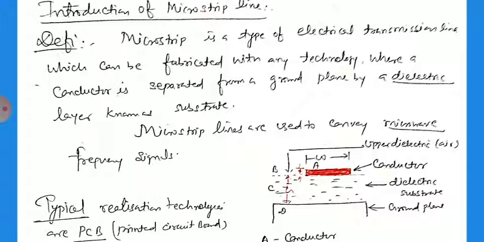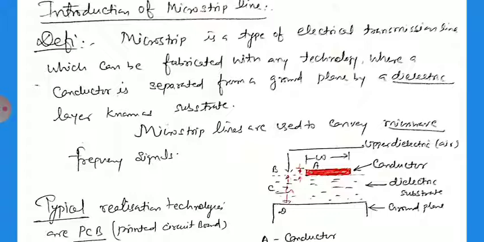And how it is fabricated, this is the figure. See here, there is a ground plane, that is the D, and a dielectric medium, also known as the dielectric substrate, having the permittivity epsilon r, that is the C, having the height h, and above it there is a conductor whose width is W and thickness is T, and above that conductor is the upper dielectric medium, mostly air, that is open.